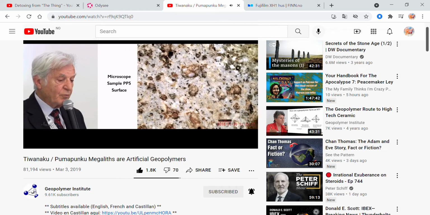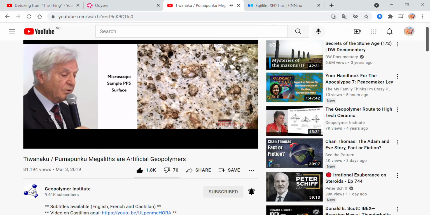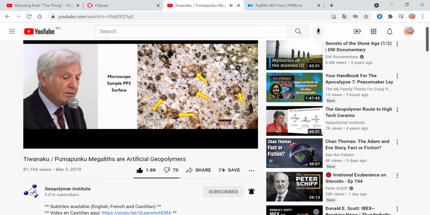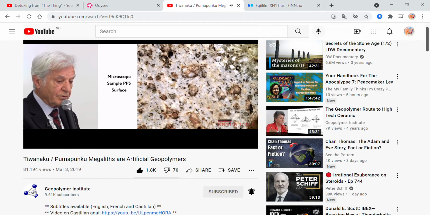This is PP5. We have the white plagioclase, and in between holes that are 0.2 to 0.5 deep with clear walls, and underneath we see the crystals of the material.